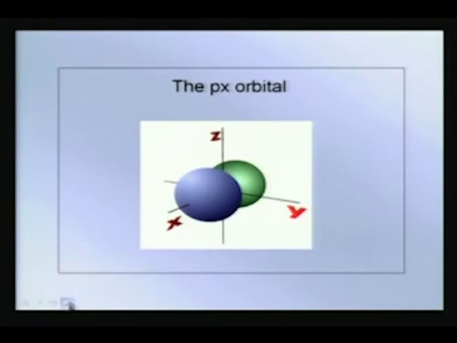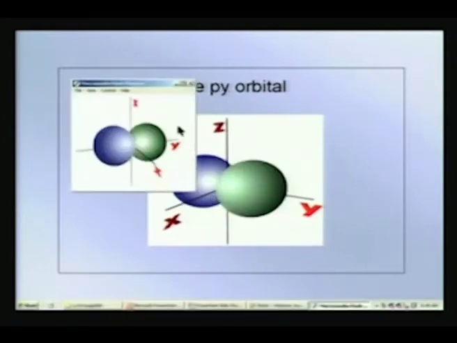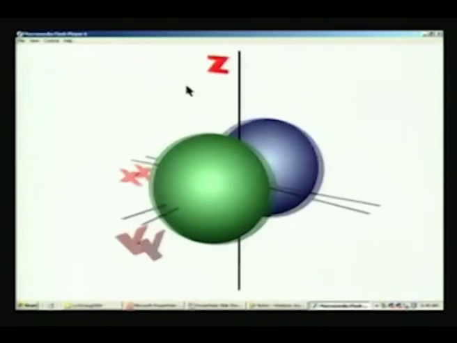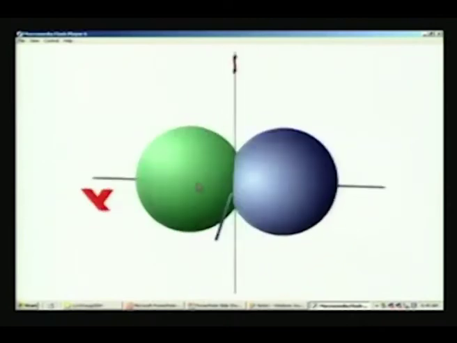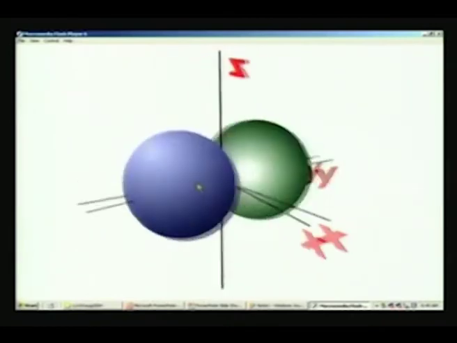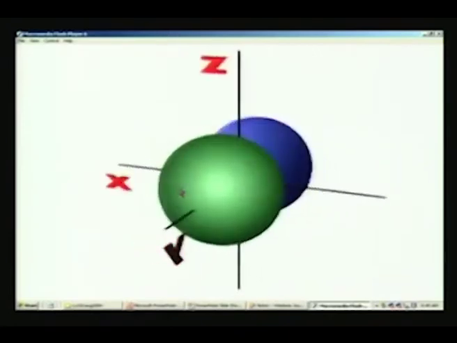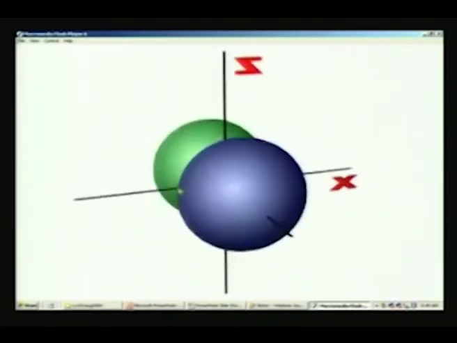What about the py? It looks exactly the same as px, except that the two lobes are pointing along the y-axis. Again, there is a positive part and a negative part.